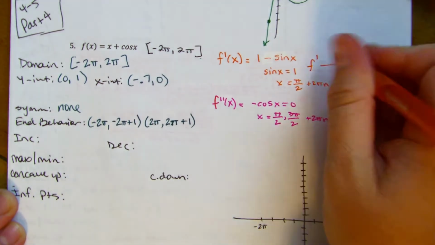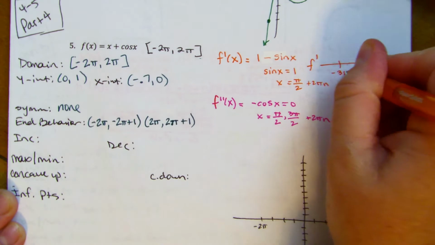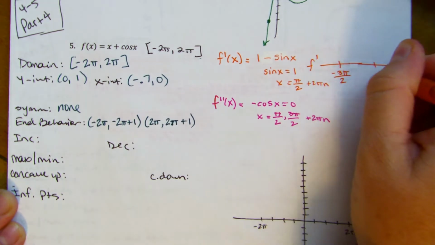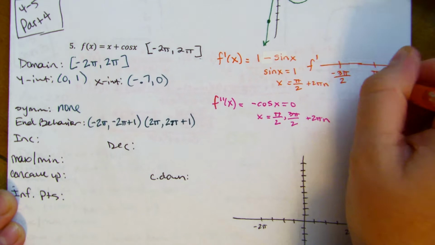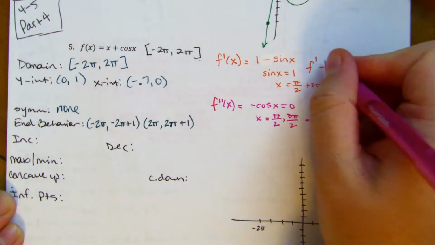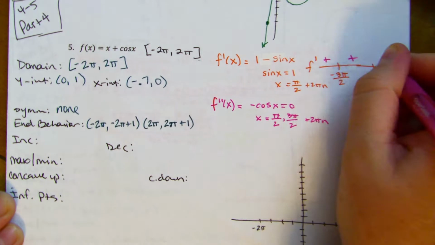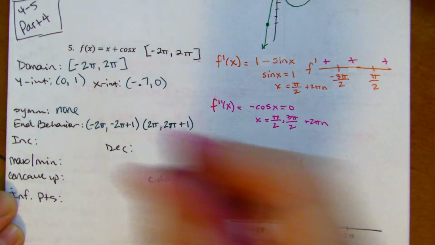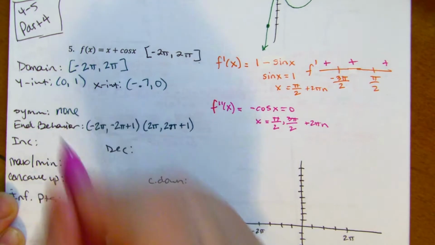So if I subtract 2 pi, I get negative 3 pi over 2, and then I have positive pi over 2. And if I plug in values in each of these intervals, it's going to be positive, and it's going to be positive, which means it's increasing everywhere.